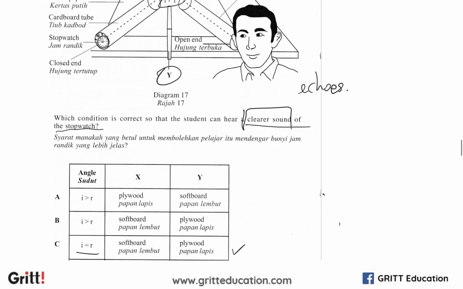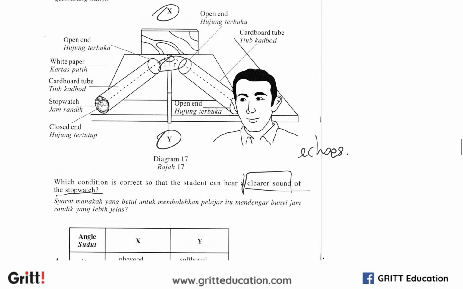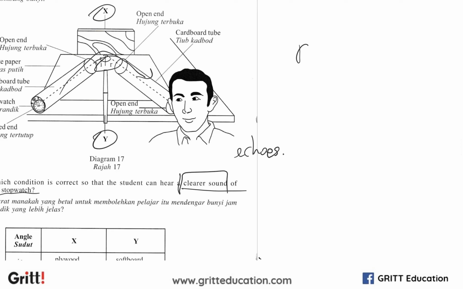Now let's talk about X and Y. The job of X is to reflect the sound waves. When we talk about reflectors, the material we always use has to be a hard material, maybe a piece of wood, for example.